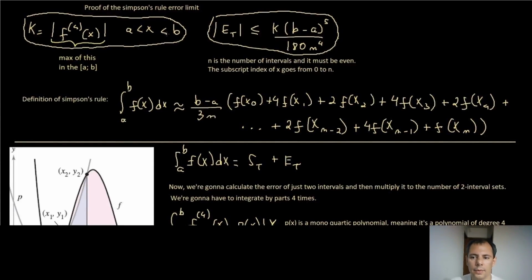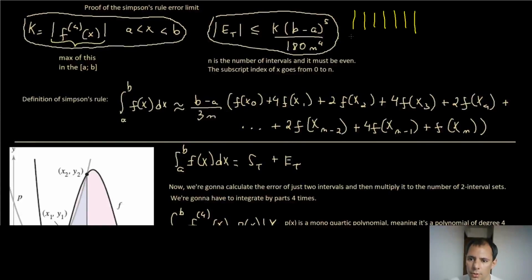Okay, and there's something else too, guys, because the books try to make this very confusing. What do you call a to b? In this case, I'm saying x0 to xn. Since you're going to be working with two-interval sets, you have points here and here and here: 1, 2, 3, 4, 5, you need another one, 6.